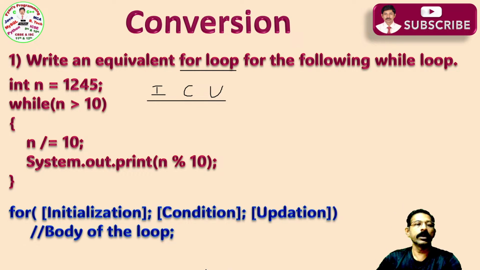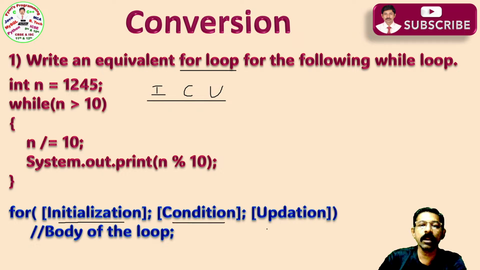Okay, look at over here. For loop: initialization, which is optional; condition, which is optional; updation, which is optional. But the semicolon has to be there to separate initialization and condition. And we know that a loop can execute only one statement. So this is the body of the loop.